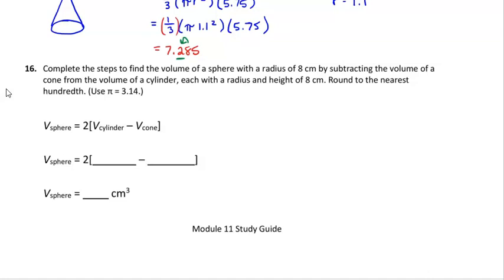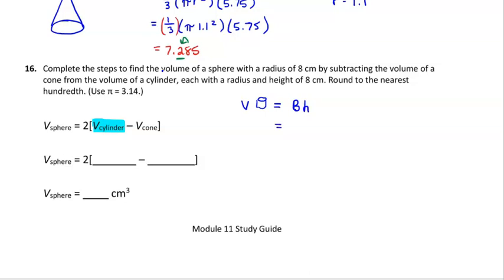So they're basically just breaking this up into multiple pieces. So the first thing we want to do is find the volume of a cylinder. And we know based on our reference sheet that your volume of your cylinder, I'm just going to draw a picture, is going to be equal to the area of the base times the height.